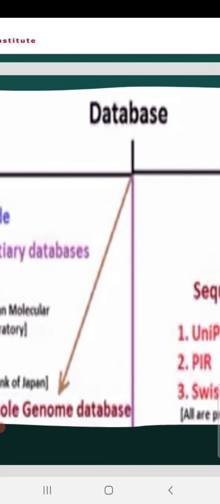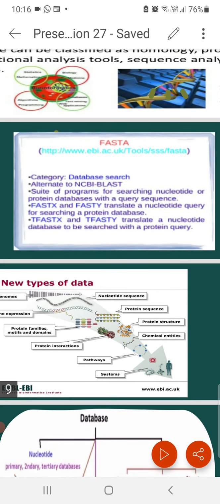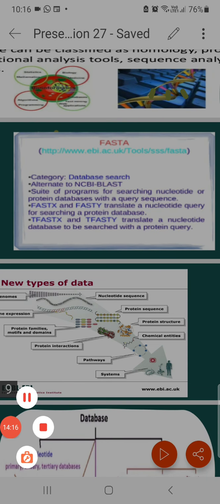So these are the different tools we have just listed out, and we have discussed a basic part of the tools that can be used in the development of the bioinformatics field. Now further details we will discuss in the coming classes.